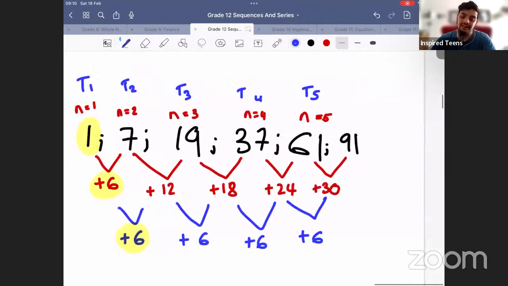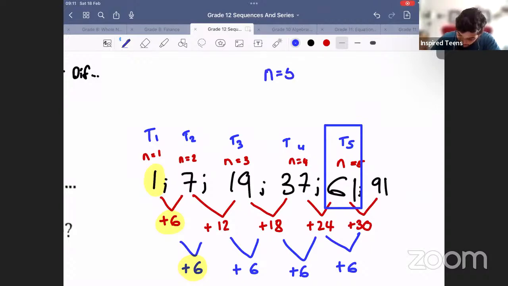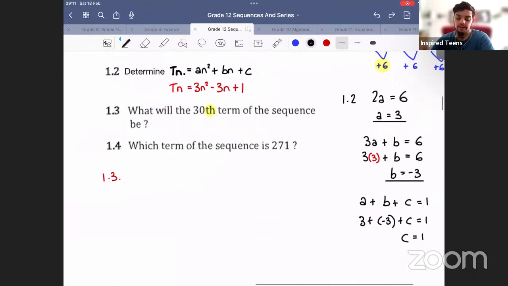So in this specific pattern, for T5 and 61, n is 5. However, Tn is 61. So it's basically telling me that the fifth term is 61. The value of the term is 61 and n is 5.